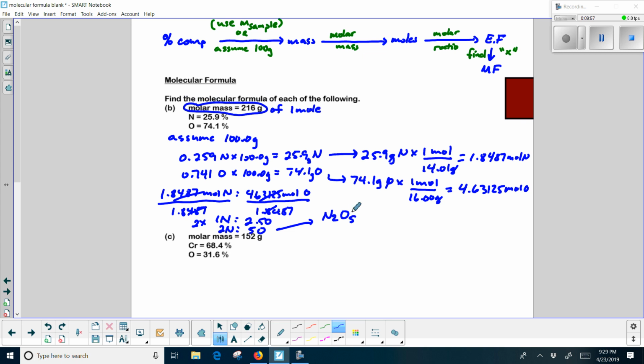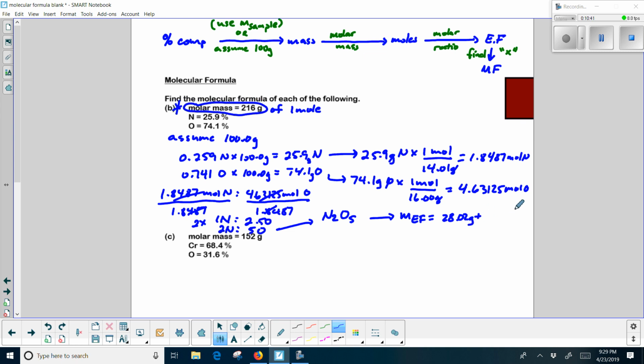But remember, I don't know the actual formula. It could also be N4O10 as long as there's 2 nitrogens for every 5 oxygens, as long as that ratio is true. So this is where the molar mass comes into play. I'm going to figure out the molar mass of the empirical formula. I'm going to have 2 nitrogens. Each one is 14.01, so it's going to be 28.02 grams just for the nitrogen.